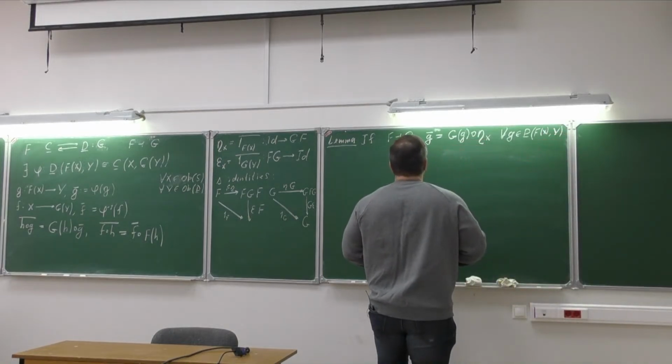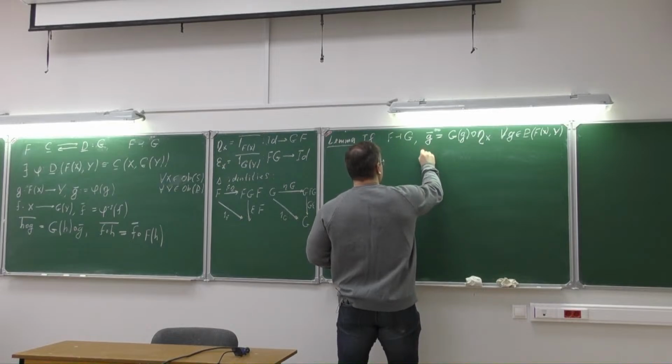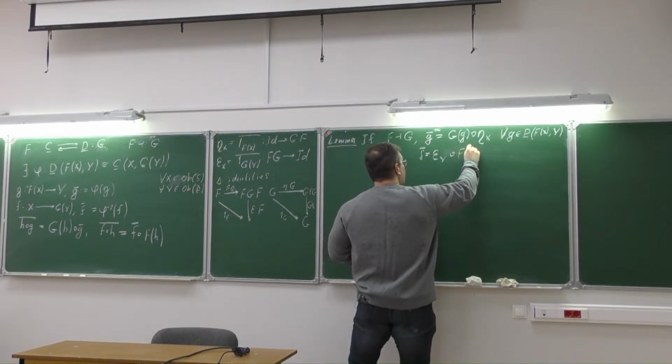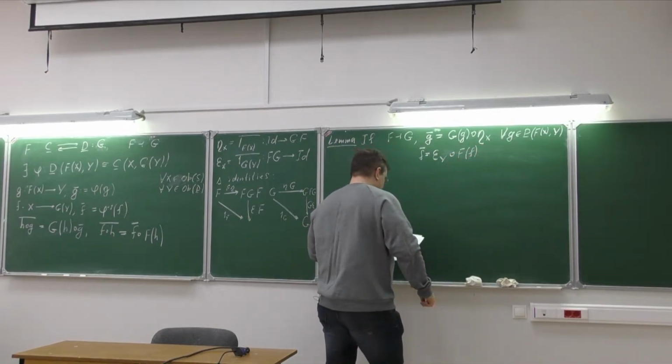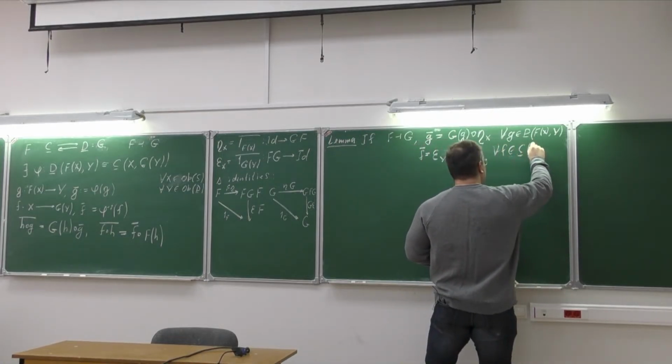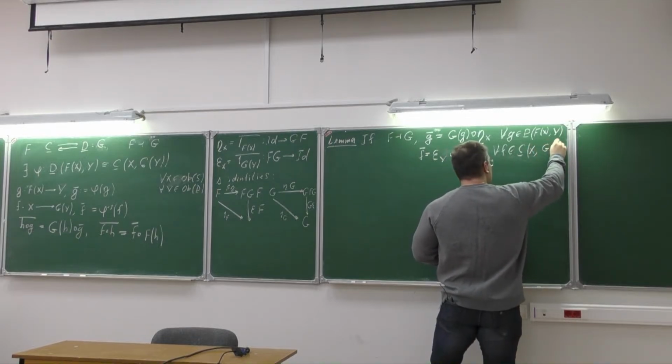And there is another formula: f bar can be computed as the composition of epsilon sub y with the functor F applied to the map little f. And that is of course again true for any little f that is a map in the category C from the object x to G of y.